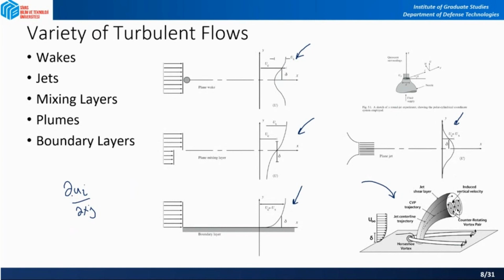You will see that many of the turbulence models, even very simple algebraic models that are known as zero equation models, use a strain rate, and some of them use rotation rate, to calculate the turbulence stress. What is the turbulence stress? You remember it was ui prime uj prime bar.